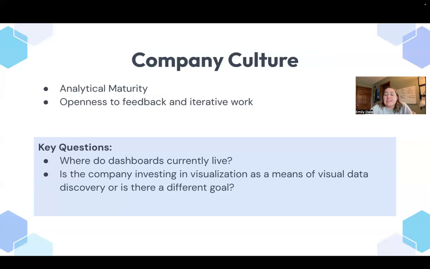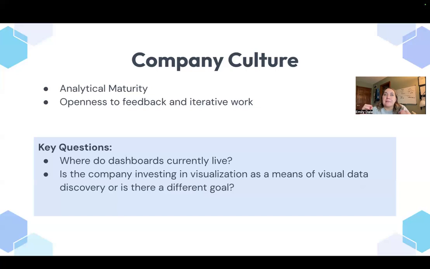If visual data discovery is not a key company goal, if they're not going to encourage that, that's really going to change what kind of dashboards you would make. You wouldn't make them very interactive. You would make sure that you're focusing more on one screen, really clear labels, more just at a glance, things are very visible.